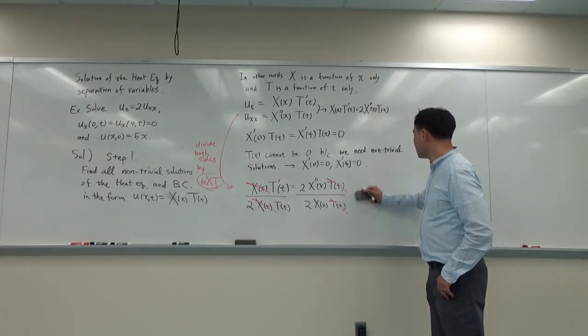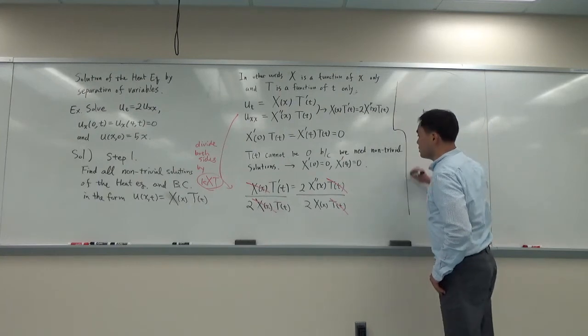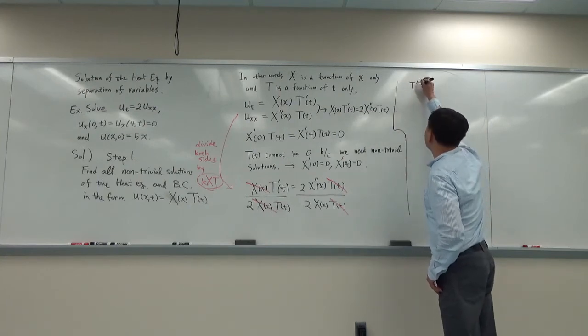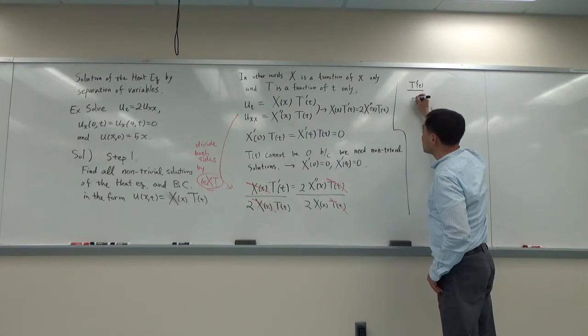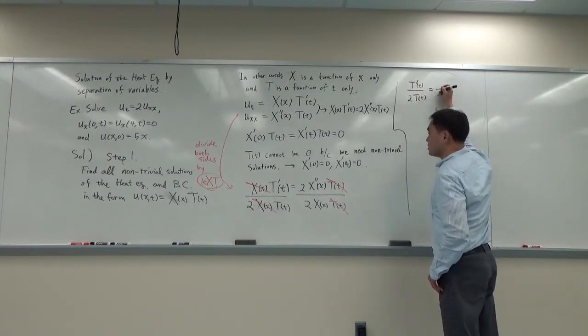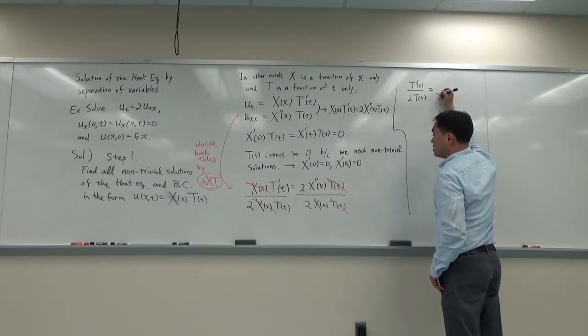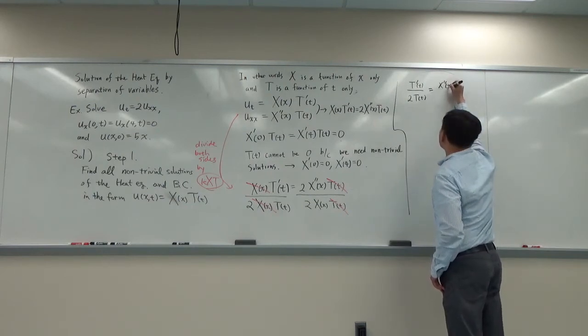We have T prime of t over 2 times T of t equal to X double prime of x over X of x.